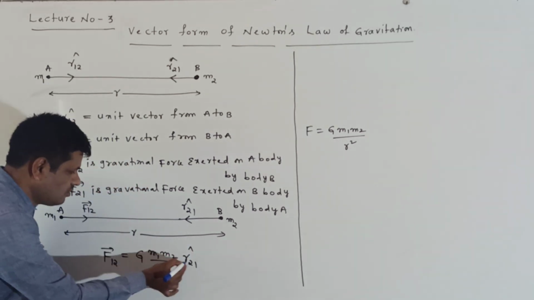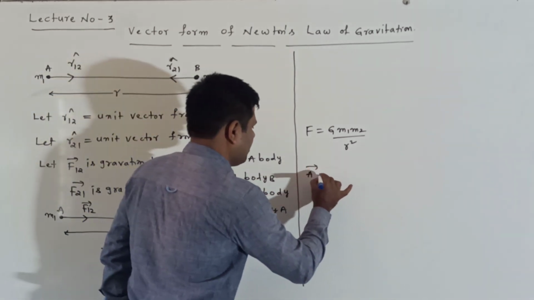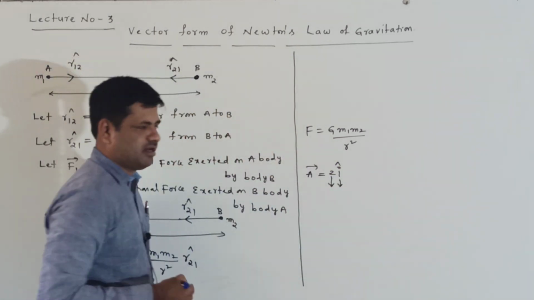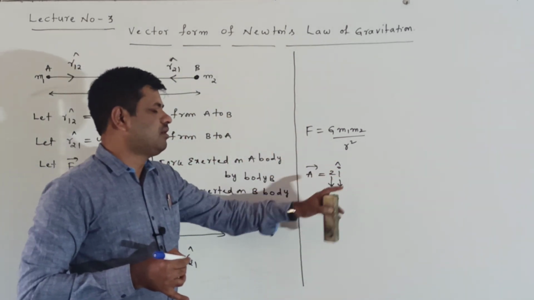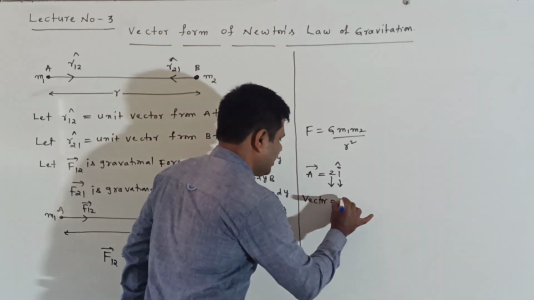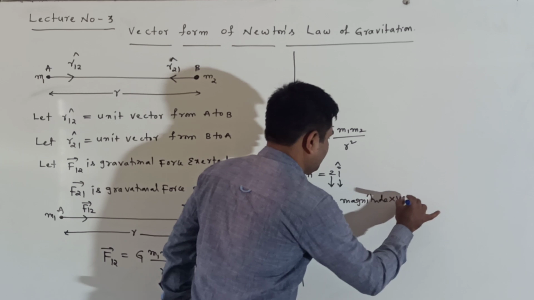Suppose A bar is a vector, I write 2i. Here 2 is called the magnitude and I cap is the unit vector. A bar is equal to 2 into I cap. Any vector is equal to magnitude into unit vector.